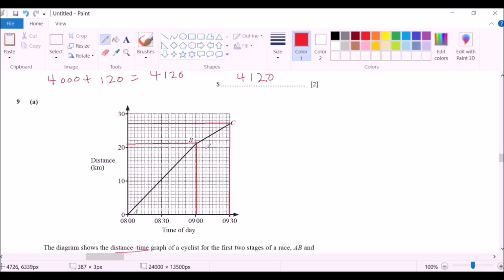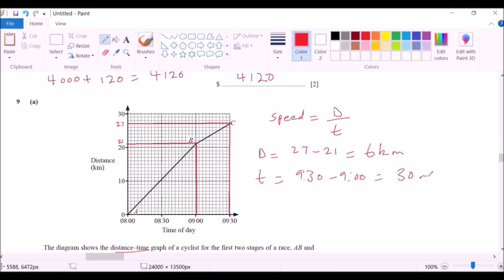To calculate the speed, we need to calculate the gradient. So speed is equal to distance over time. Our distance is equal to 21, 2, 3, 4, 5, 6, 7. This is 27. This is 21. 27 minus 21, which is 6 kilometers. Our time is 9:30 minus 9 o'clock, which is 30 minutes.